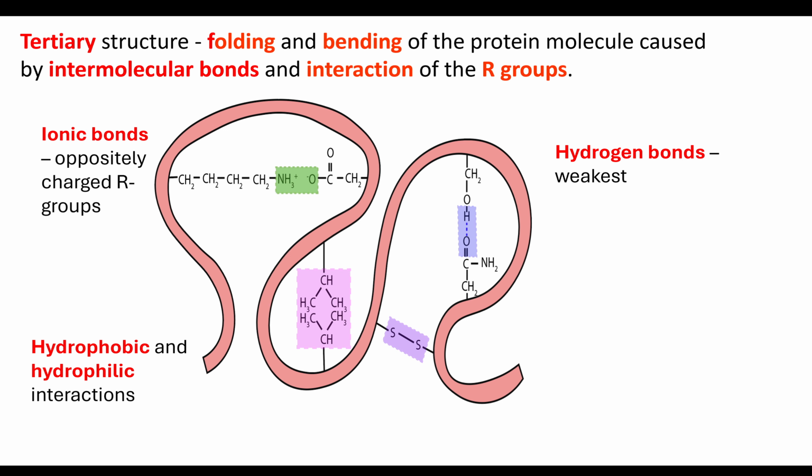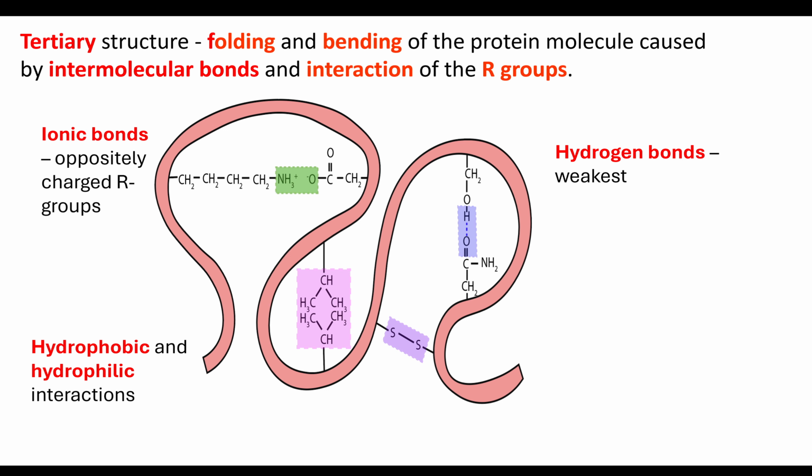Remember, if you haven't seen my video on water and phospholipids, then please do check that out. A hydrophobic and hydrophilic interaction is where hydrophobic is repelled from water. Therefore the folding will result in the hydrophobic amino acids being on the inside of this tertiary structure.